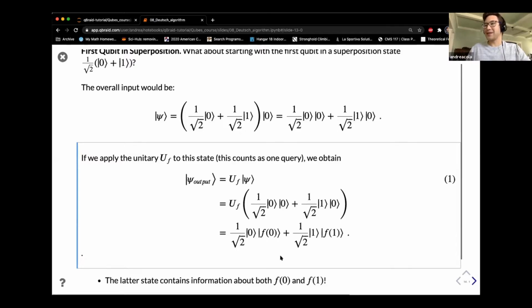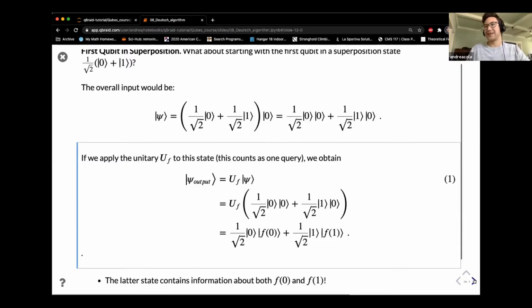And as we discussed, this doesn't actually allow us to extract information about f of 0 and f of 1 simultaneously if we just measure, because we would get with 50% chance f of 0 and nothing about f of 1, and vice versa with 50% chance.